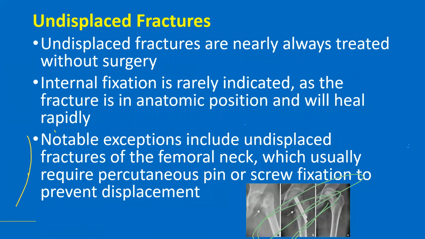Notable exceptions include undisplaced fractures of the femoral neck, which usually require percutaneous pin or screw fixation to prevent displacement. But if you have a fractured head of the radius, it's non-displaced, in anatomic position, I will not operate on this patient. If I have a fracture of the olecranon and it's non-displaced, I will apply a splint. I will treat it closed. Not every fracture should be treated open.